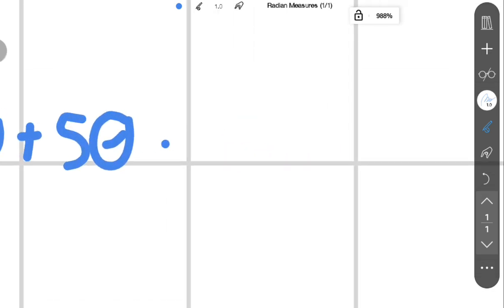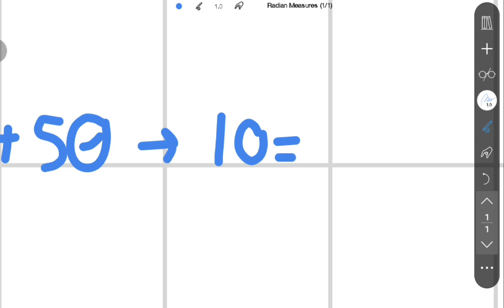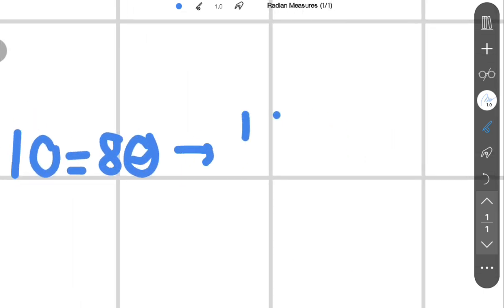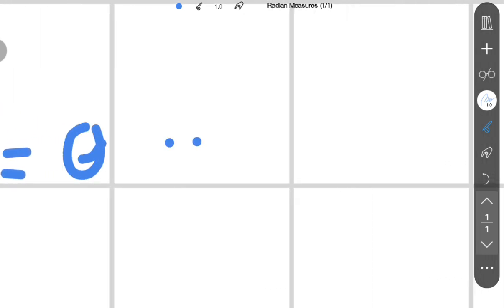Gather the like terms, and we could subtract 4 from each side. So we'll be left with 10 equals 8 theta. So we'll be left with 10 over 8 equal to theta, or in other words, 1.25 radians.